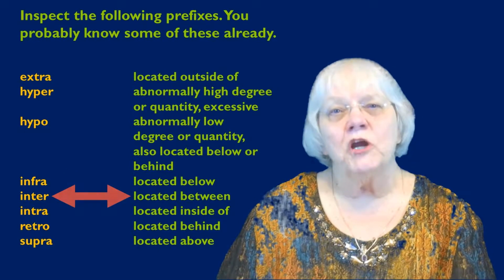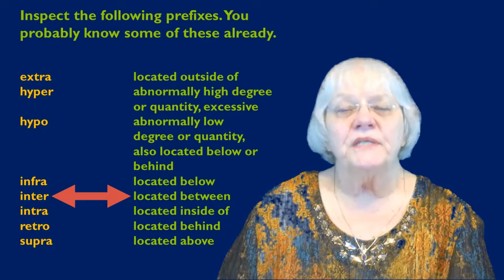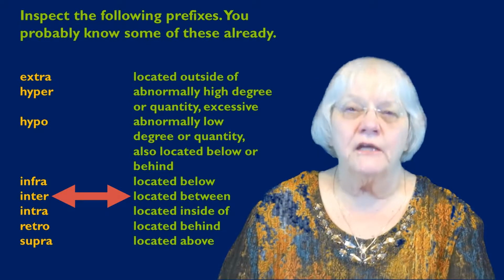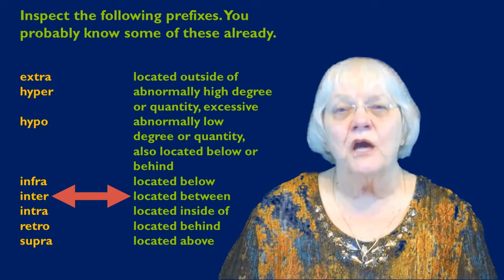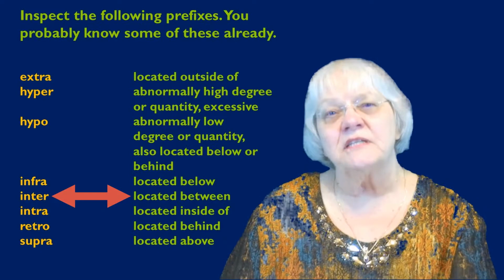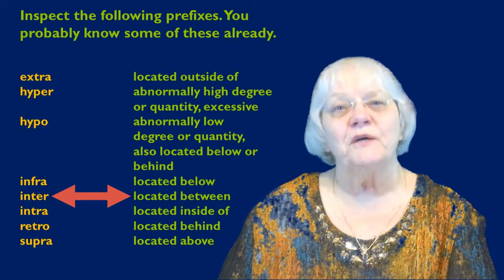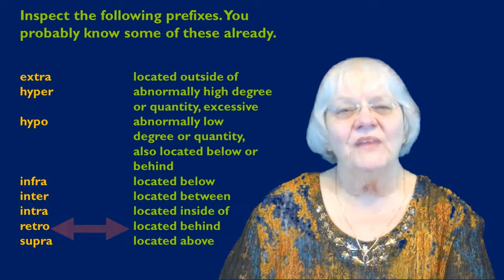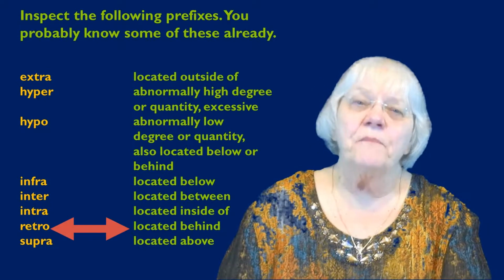The word inter means between, so interstate commerce would be trade between the states. International commerce, trade between the nations. And an intercostal muscle would be a muscle between the ribs. Finally, we have retro. Retro means behind.